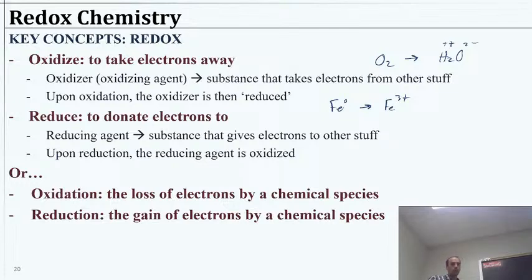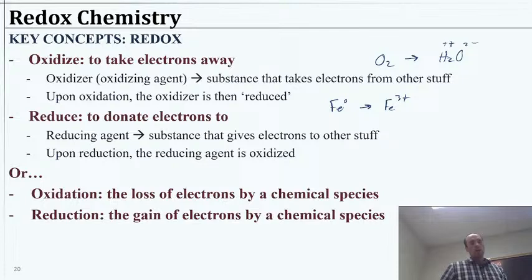Okay, so it's easy to say this backwards and easy to not quite say it perfectly, but the real confusion is, is it the thing that's doing the oxidation, or is it the thing that has been oxidized? That tends to be the tricky part, right? So just remember, oxidizing is taking away electrons from something, and reducing is kind of forcing electrons on something.